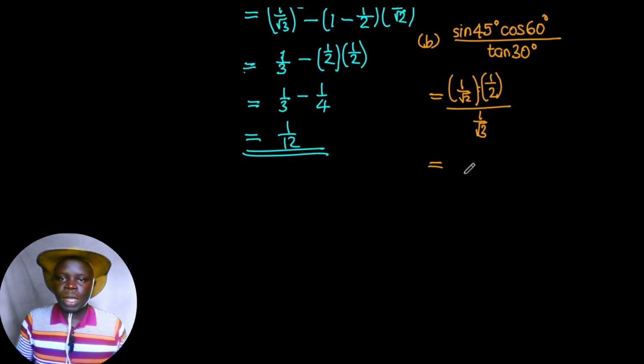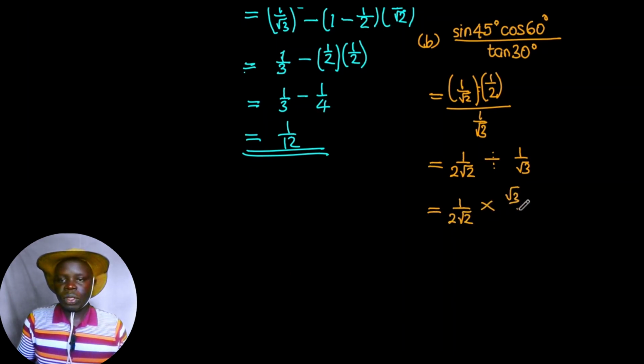So here we would have 1 over 2 root 2 divided by 1 over root 3. Multiplying that, we have root 3 over 2 root 2.